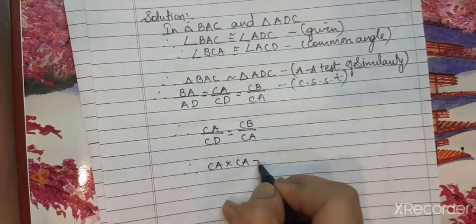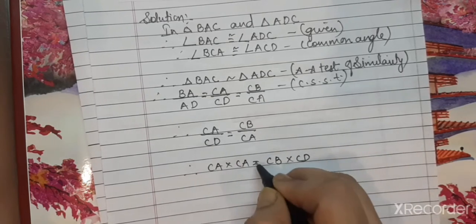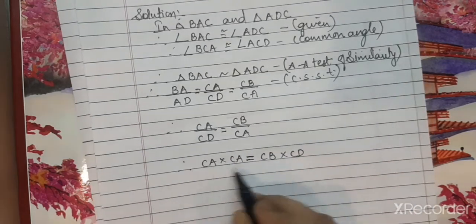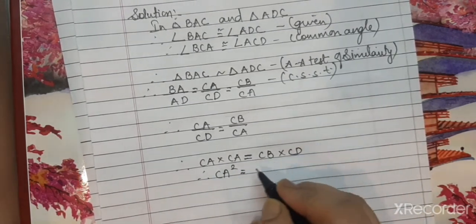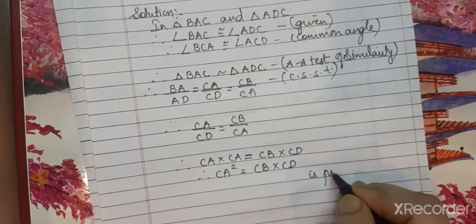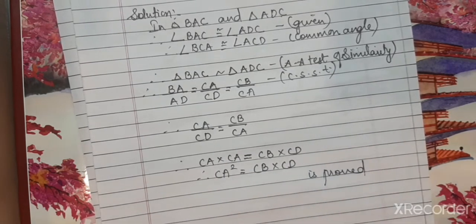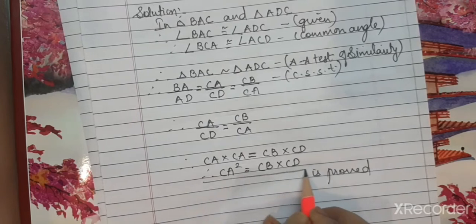CA into CA, and here it is CB into CD. CA into CA is CA square, which is equal to CB into CD, which is what was asked to prove. It is proved. You can just underline or make a box around the answer.